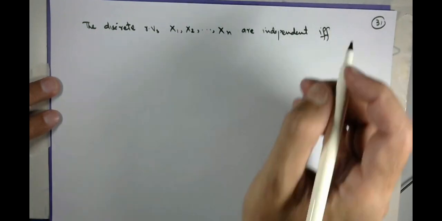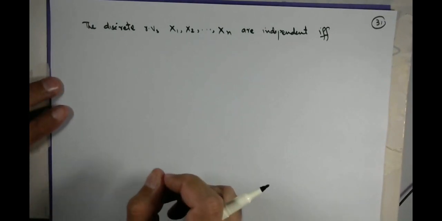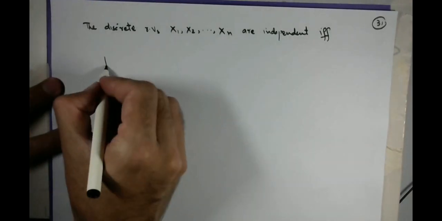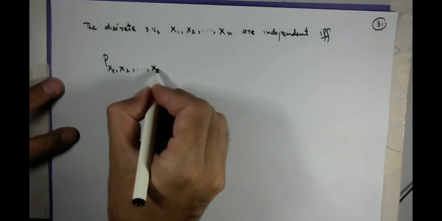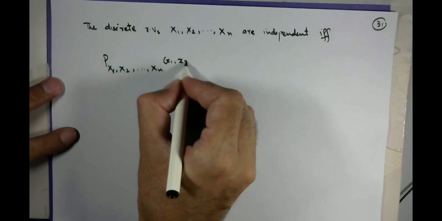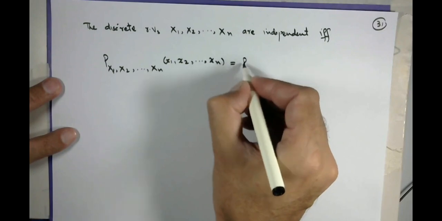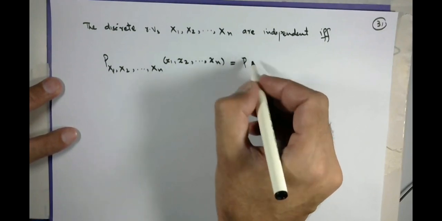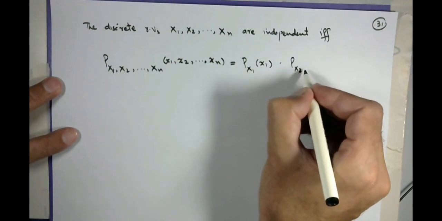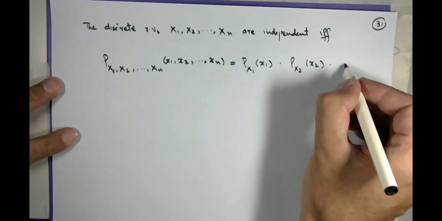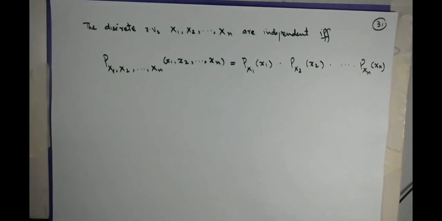if and only if the probability of their giant occurrence is equal to the product of the individual occurrence probabilities, which means the probability of giant occurrence, which is P sub x1, x2 till xn of x1, x2 till xn, is equal to the product of the individual occurrence probabilities, which means p sub x1 of x1 times p sub x2 of x2 times so on p sub xn of xn.